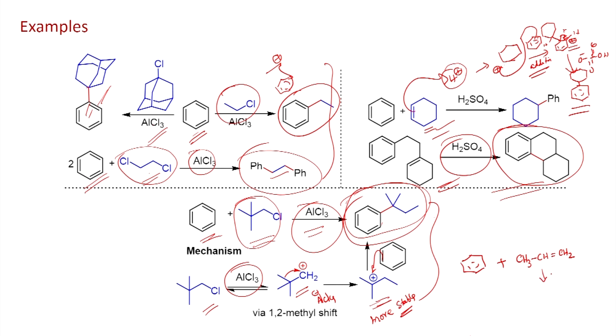So, in the presence of acid, there are two possibilities there. When you take this alkene, then you will be able to form the carbocation. So, in this way you form the secondary carbocation as the intermediate.